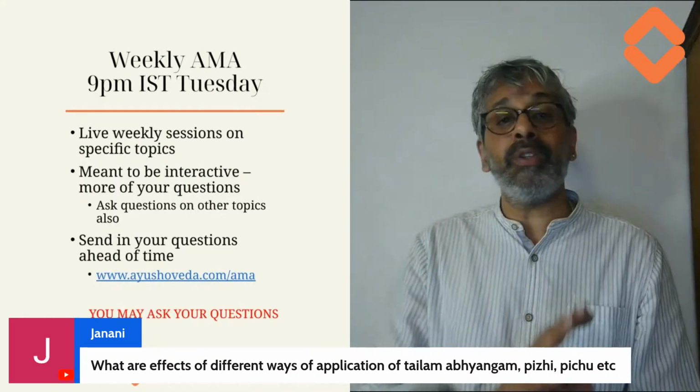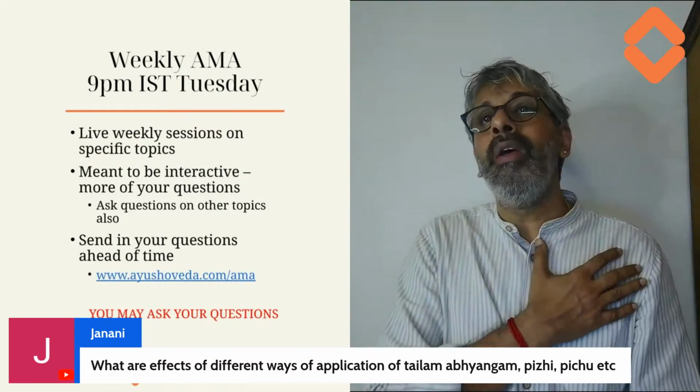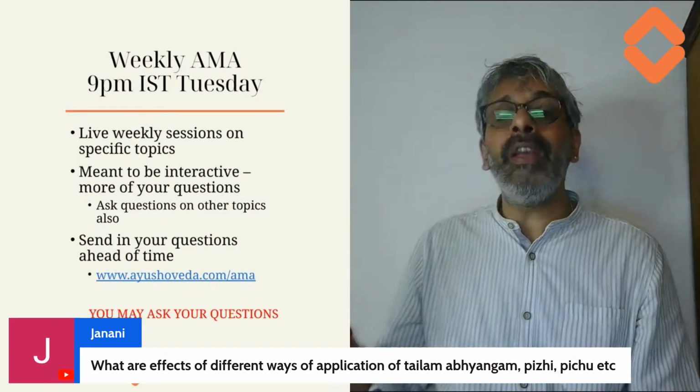Pichu is taking a piece of cloth, dipping oil into it, and putting it in a place, any place wherever you put it, it's called pichu. So the effects are entirely different for each, and that is a whole topic, I'm telling you, it might be a 2-month everyday session if you want to go in depth with each and everything.